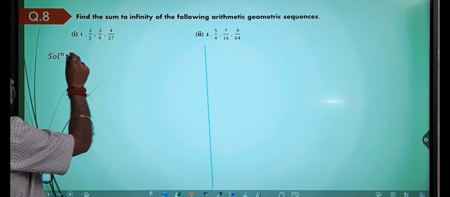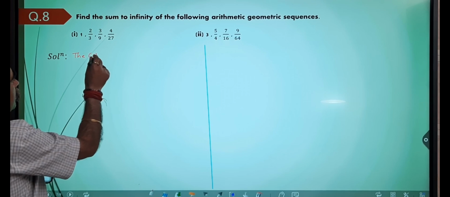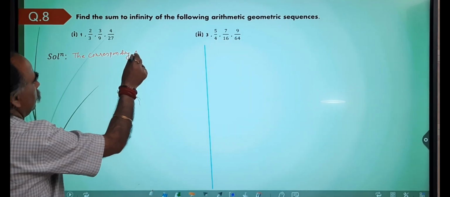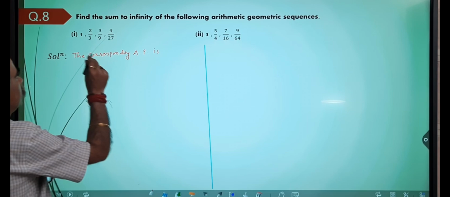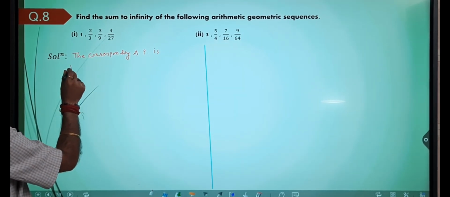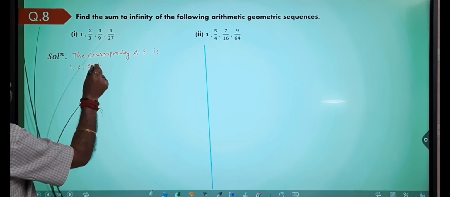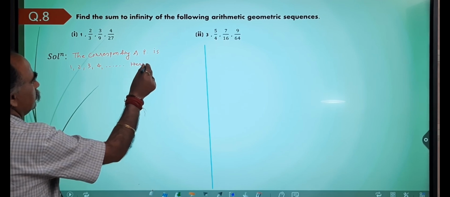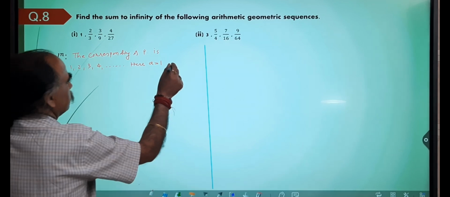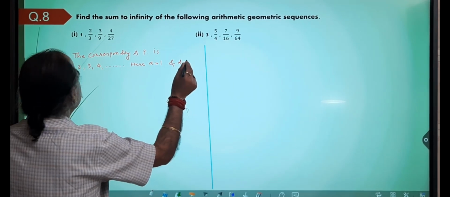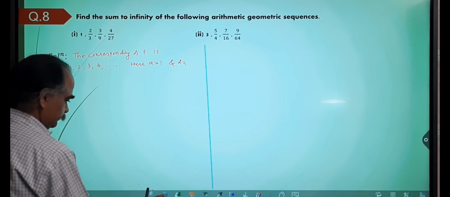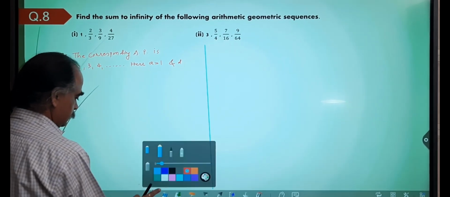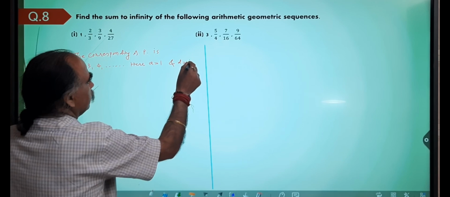The corresponding AP is 1, 2, 3, 4 and so on. Here A is 1 and D is 1.